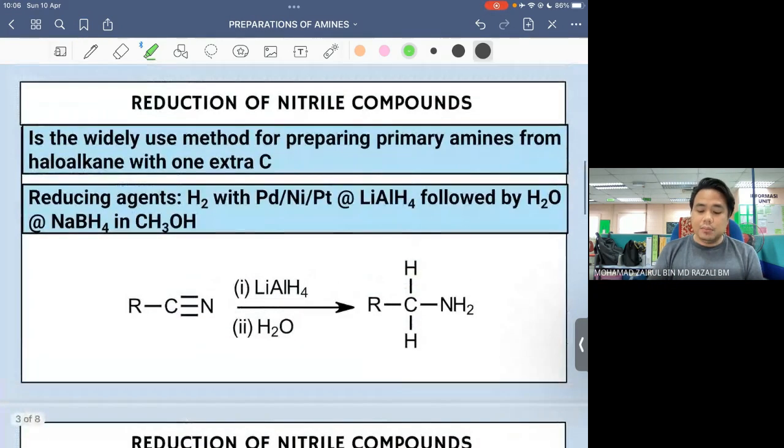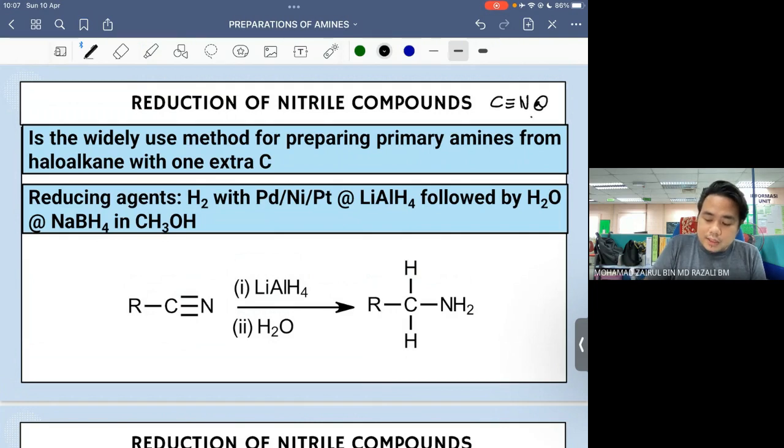Okay, so the second method that we can use to produce primary amine is by using reduction of the nitrile compound. So nitrile compound is anything that has C triple bond N, ataupun we often write it as CN. This is the reaction that is normally used to convert haloalkane to a primary amine with one extra carbon.